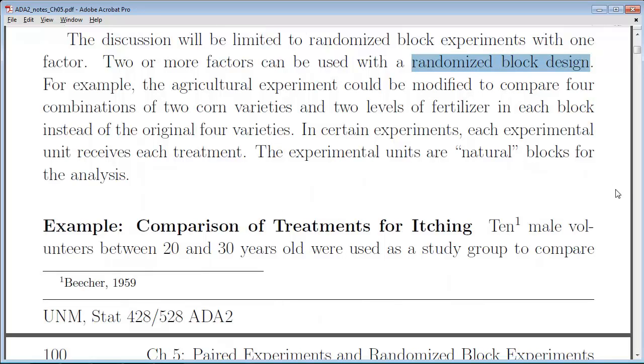The motto that goes along with this is: block what you can, randomize the rest. So any nuisance variability that can be accounted for by blocking something, by doing everything at the same time or at the same temperature or by the same graduate student taking measurements, right?